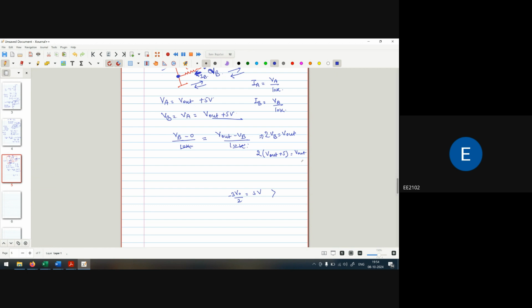So what we are getting is 2 times V out plus 10 is equal to V out, and V out is equal to minus 10 volts.